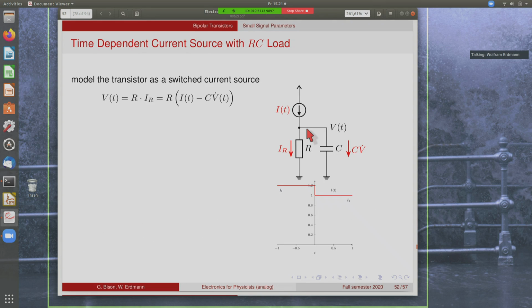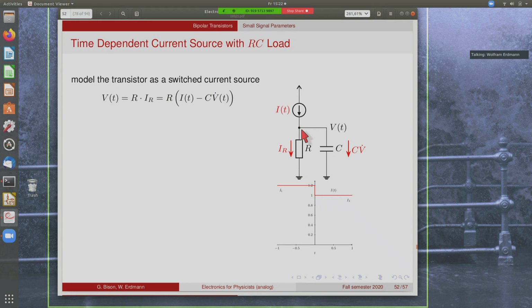We'll try to look at this now by comparing two different cases. Here we model the transistor simply as a switched current source, which is roughly the behavior that we'll have in the large signal case.